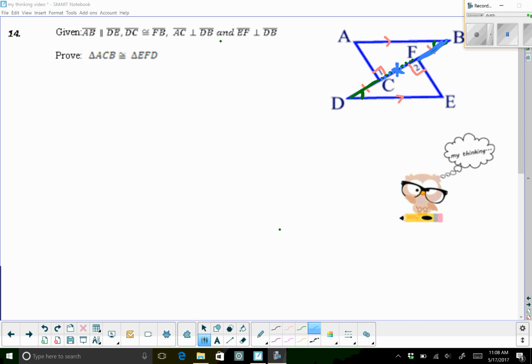So I'm going to have to use addition to take the two smaller pieces and make them longer using that reflexive. So in this proof, my plan right now is to use the addition postulate because I had two short things that I need to make longer, so I'll add that reflexive in.